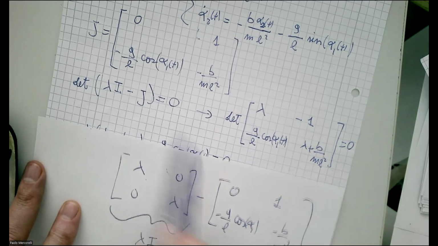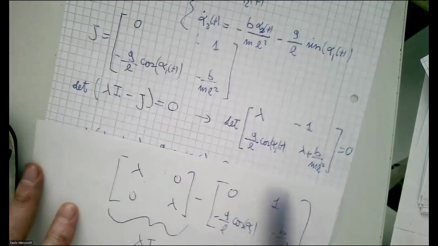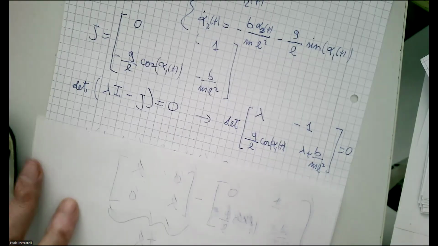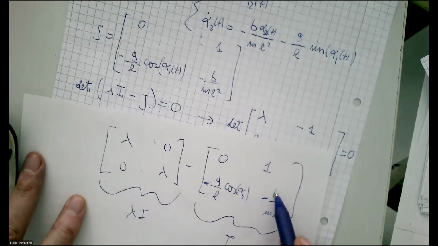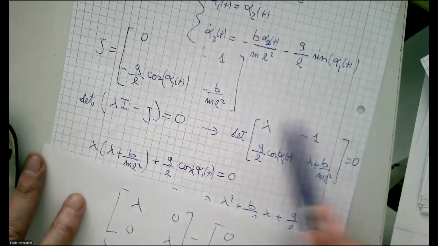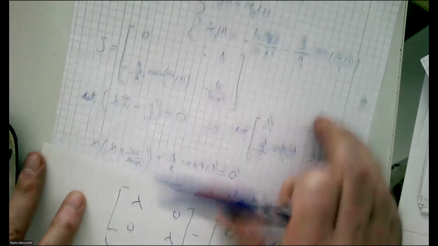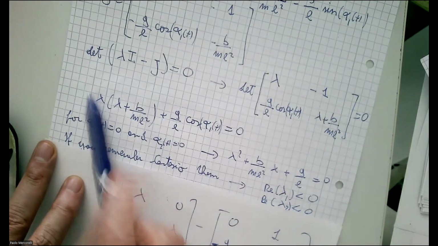The condition means to do the difference. This matrix minus this matrix, a minus, no? Yes, also a minus. This matrix minus this matrix is easy to see is this matrix here. Determinant of this: remember, this multiplied by this minus this multiplied by this is this one.